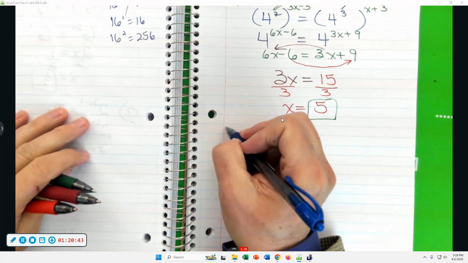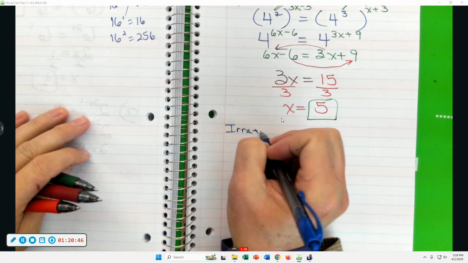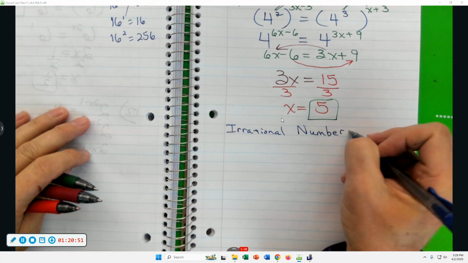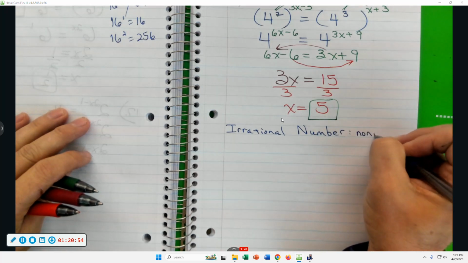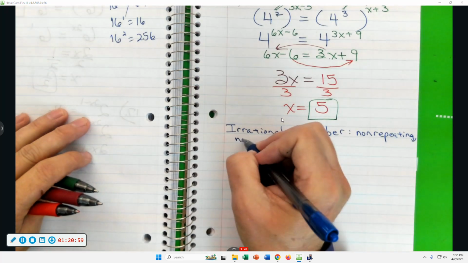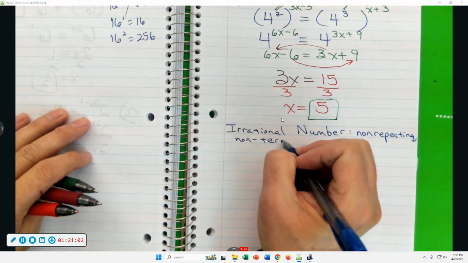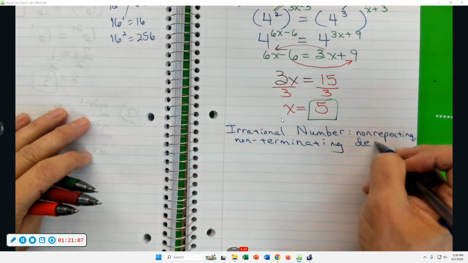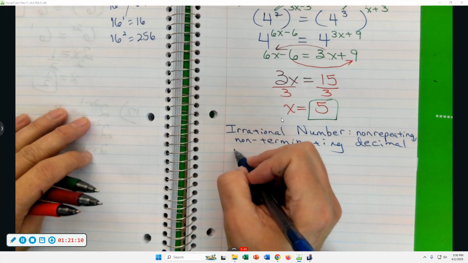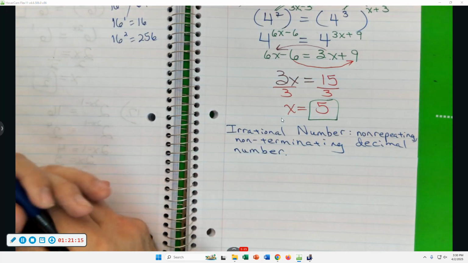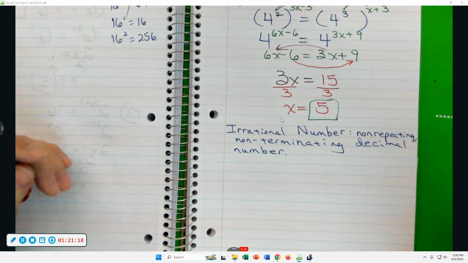Recall that an irrational number is a non-repeating, non-terminating decimal number. When I say non-repeating, I mean it's not repeating the same block of digits over and over.